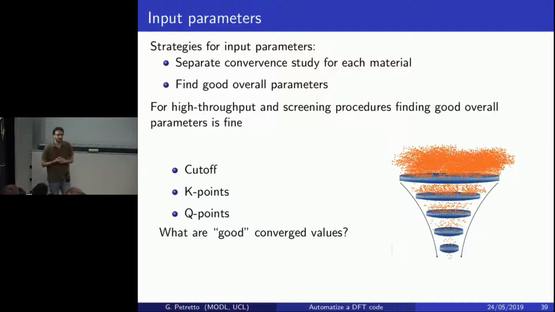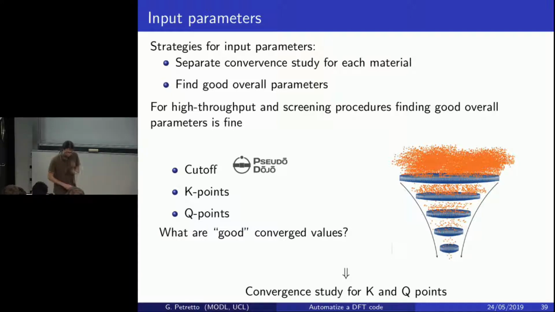But the question that arises immediately is, what is the good set of parameters? As for the cutoffs, as I've said, we rely on the values provided by the pseudo-dojo that have also been tested for the convergence of phonon frequencies for a set of materials, so they should be fine.